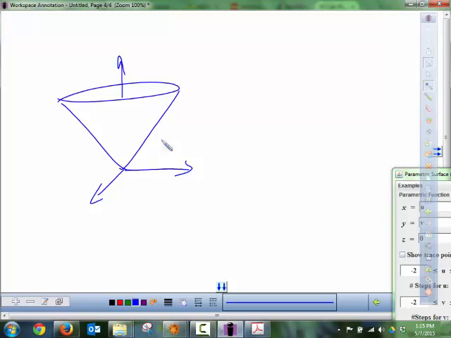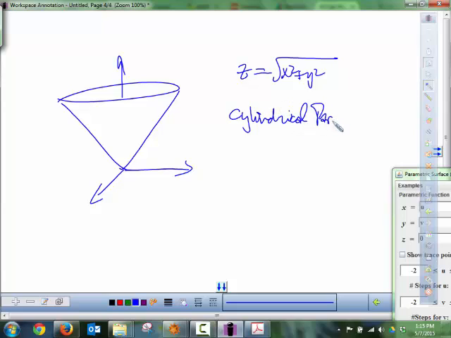So we could try to parameterize this a different way, using our polar parameterization. Our cone z is equal to the square root of x squared plus y squared, which can transform into polar coordinates, or I guess since this is three-dimensional, we should technically call it cylindrical. So maybe we can consider a cylindrical parameterization and see how this would work.